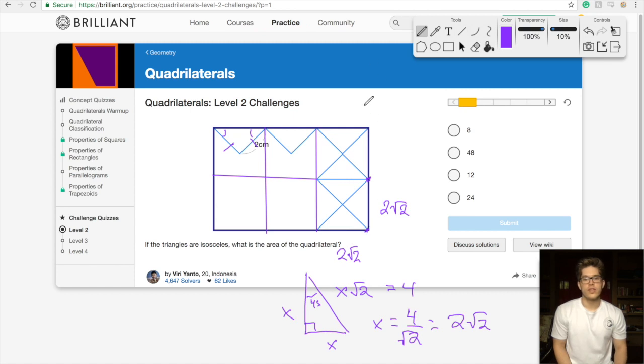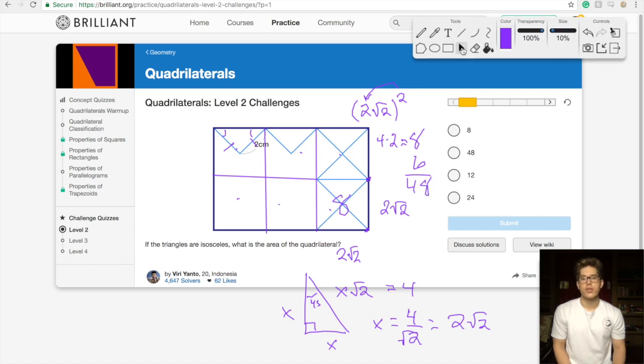Well, what is this? This is just 2 times root 2 squared. 2 squared is 4, root 2 squared is 2, 4 times 2 equals 8. So the area of one of these squares is 8, and we have 1, 2, 3, 4, 5, 6 of the squares, and 8 times 6 is 48. So our answer for the area of this rectangle must be 48.